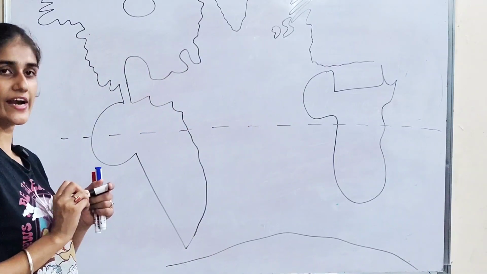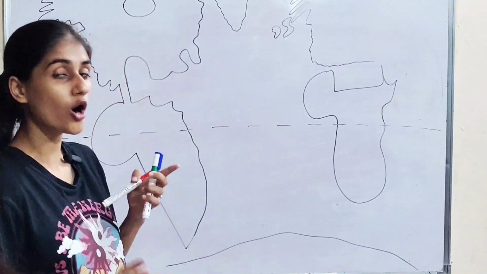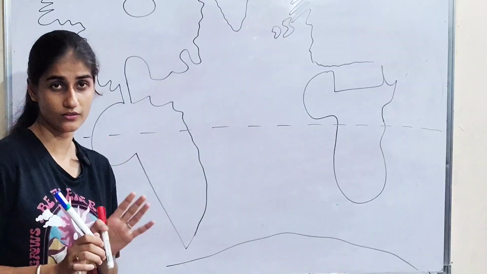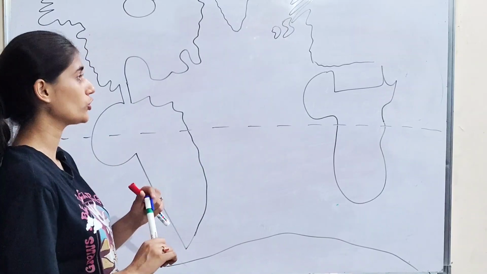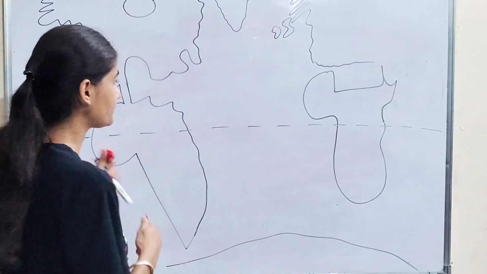Now with the help of red color, I will show the warm oceanic currents, and with the blue pen, I'll show the cold oceanic currents. Okay.